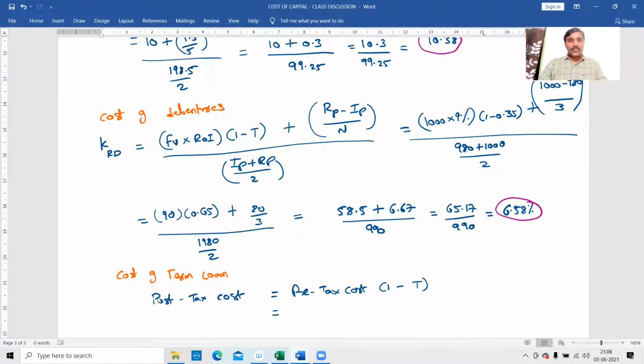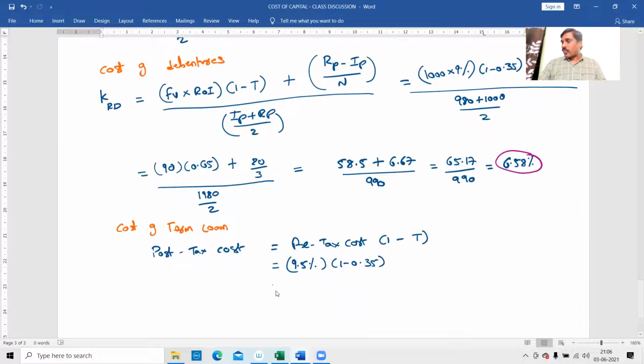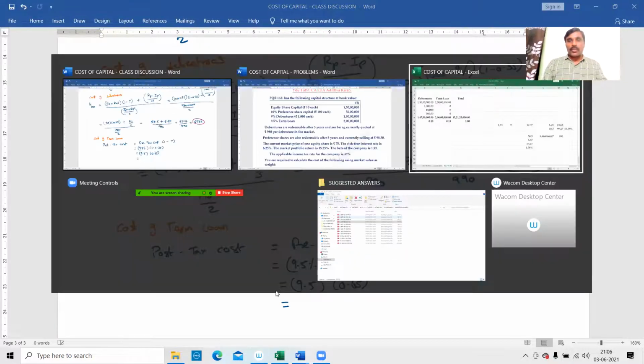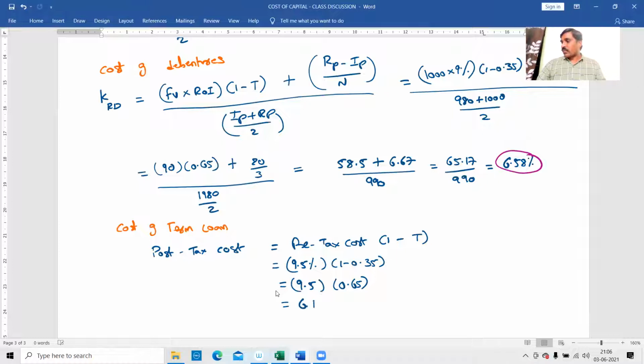Pre-tax cost is 9.5%, into 1 minus 0.35, which is 0.65. 9.5% into 0.65 is 6.175. I can take 6.17%.